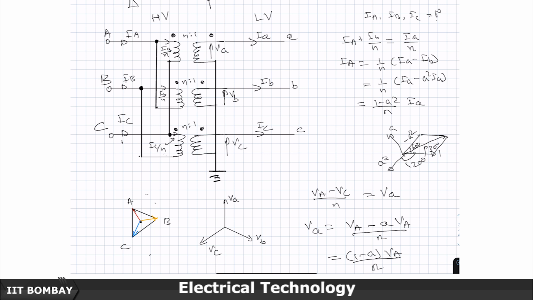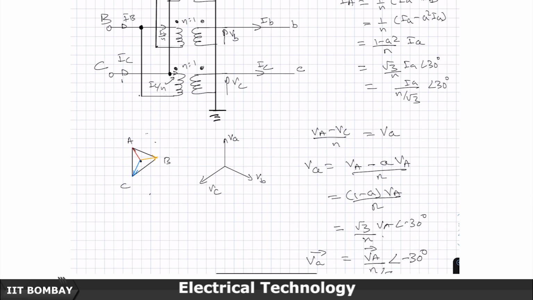This analysis we have done earlier, I just repeat it because I do not remember it many times. So, this is root 3 IA at an angle of 30 degrees by n, or in other words IA divided by n by root 3 at an angle of 30 degrees.